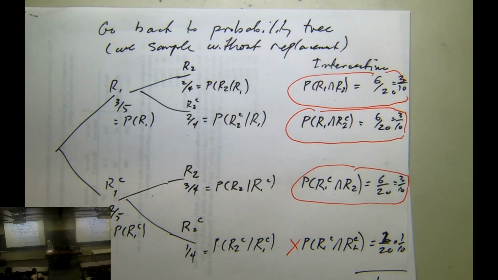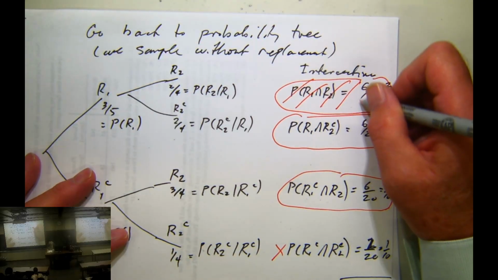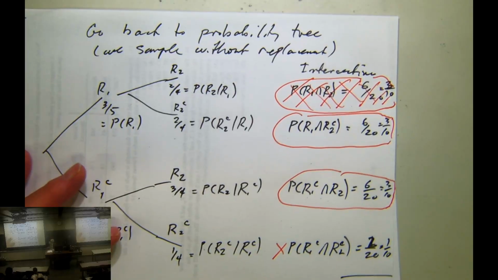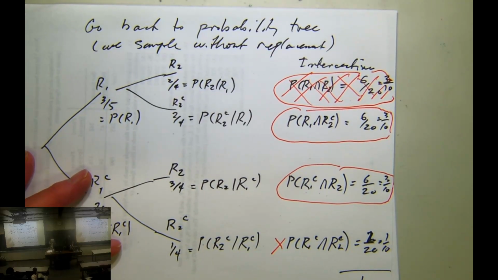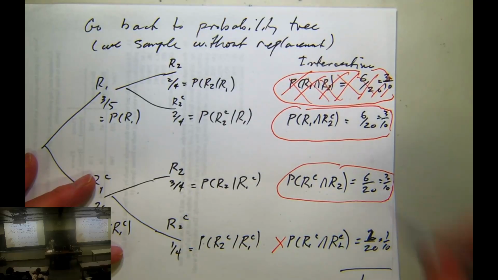And then I say, where was the situation where both of them were red? Well, the situation where both of them were red was only here. Now, I'm not trying to cross that out, but I'm just going to highlight the red. That's called cross-hatching. It's kind of nice cross-hatching, isn't it?